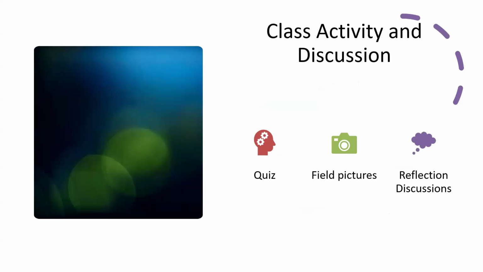region. Then I have some field activities I've done here. I'm going to show you some of the pictures, and I want you to ask questions from those pictures and explain some things you might be understanding from them, and we'll have some reflection questions.